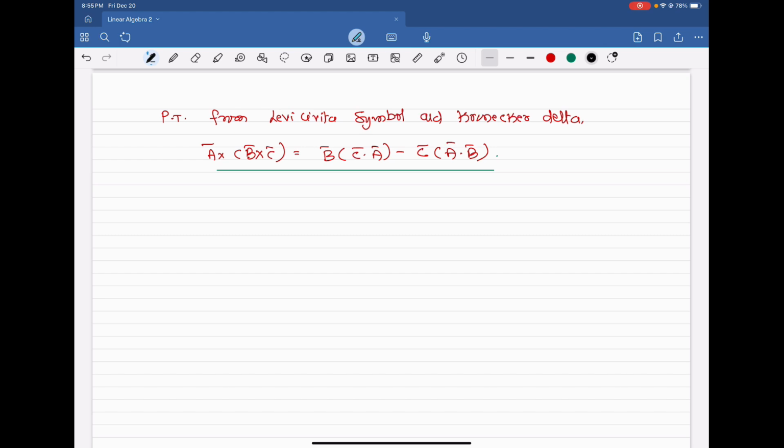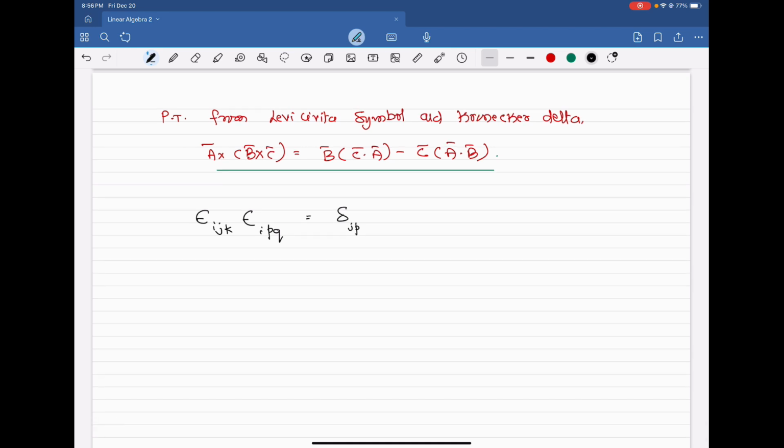Another Levi-Civita symbol using Kronecker delta, we have one statement, a very important statement: epsilon ijk into epsilon ipq is equal to, I told you the subscripts are only numbers, don't worry, cyclic numbers, delta jp.